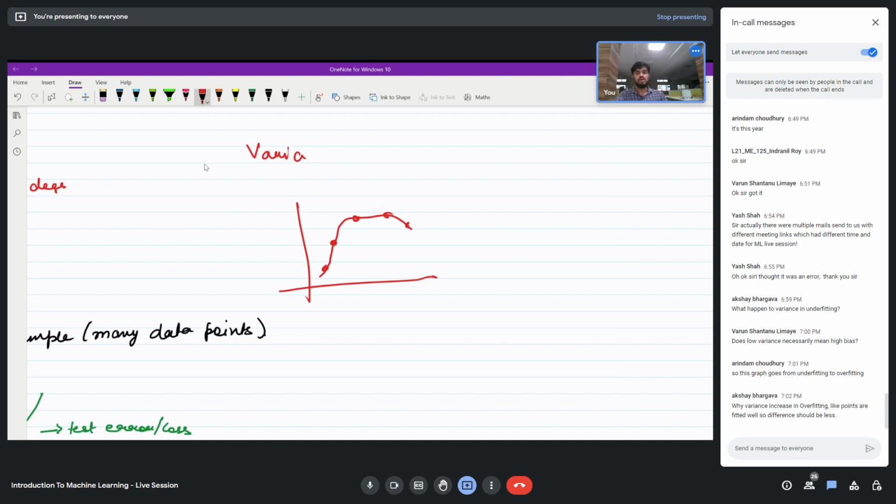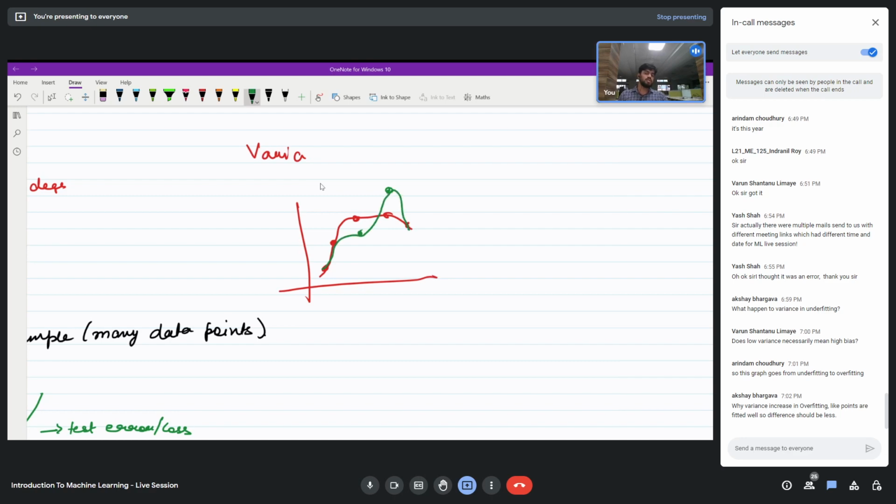Now the data that you're collecting is not very accurate or the actual representation of the world around you. So if you are sending someone to collect data, he might make some error. There might be machines that might be making some kind of errors. So let's say that if this actual data was here and this data was here, then how would this graph look? This would look something like this.